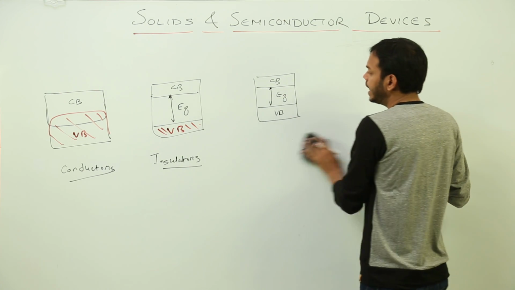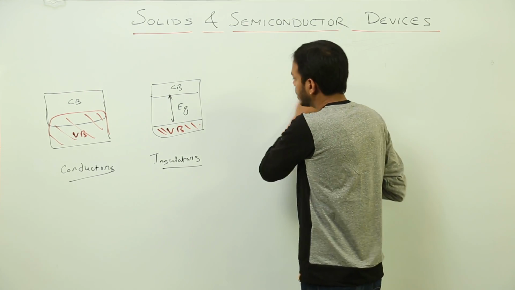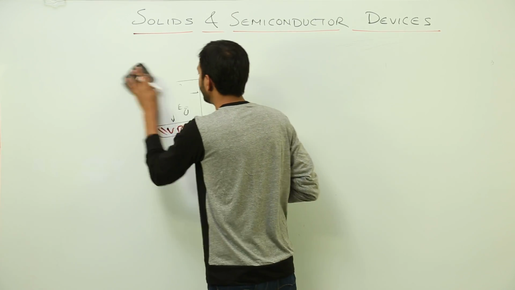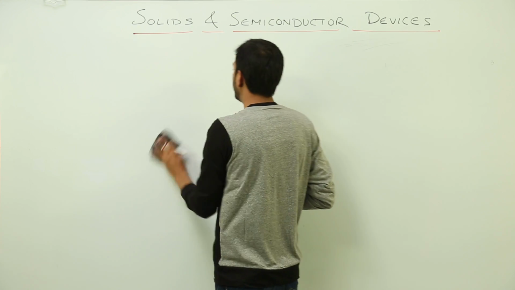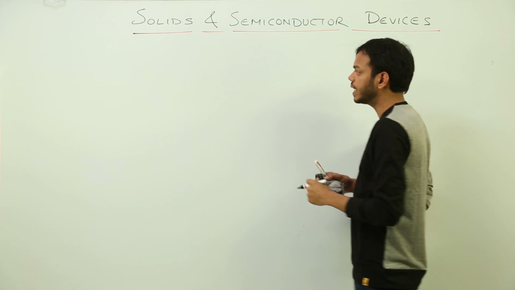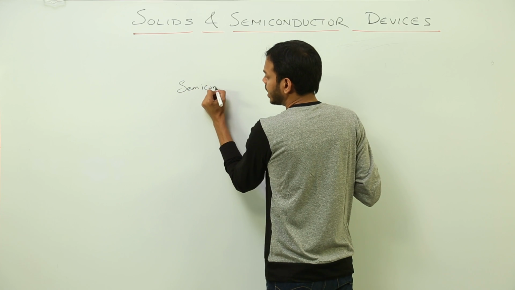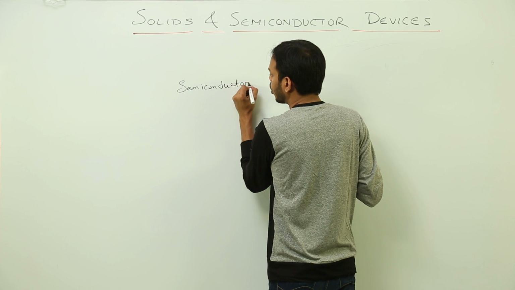Now we are going to study in detail the theory and properties of semiconductors. Let me give you a brief representation of the semiconductor family. Semiconductors are of two types.